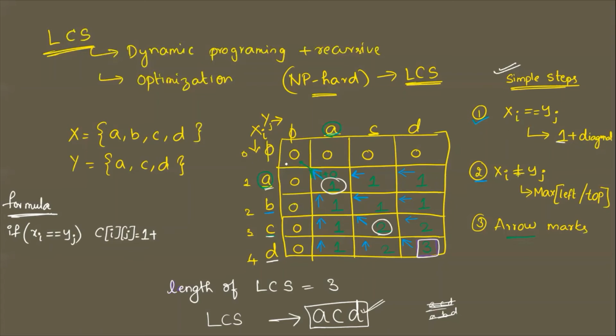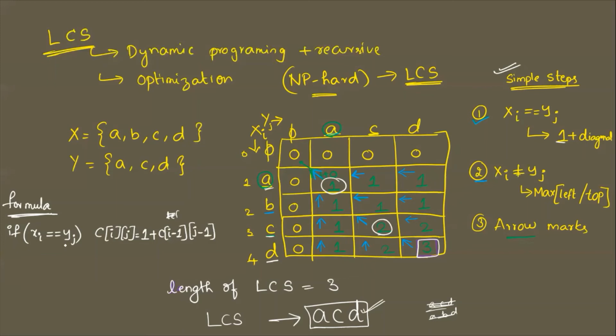So the diagonal cell, how will I get it? I can write c of i minus 1 and j minus 1. j is representing the column, i is representing the row, minus 1. So this is the diagonal value. So if this is the cell, i minus 1 here, j minus 1 here, it will be taking this value. Okay, so this is the case.